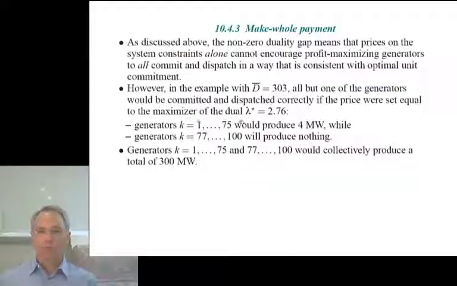As we said before, generators 1 through 75 would produce 4 megawatts. Generators 77 through 100 would produce nothing, and that is exactly consistent with the optimal unit commitment and dispatch solution. And they would collectively produce 300 megawatts.